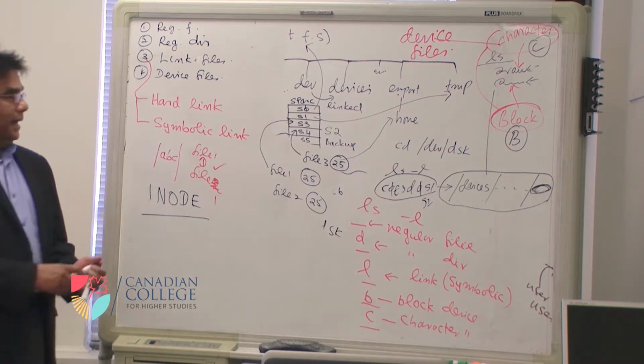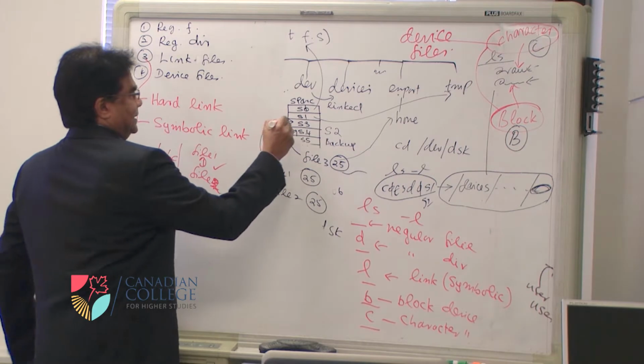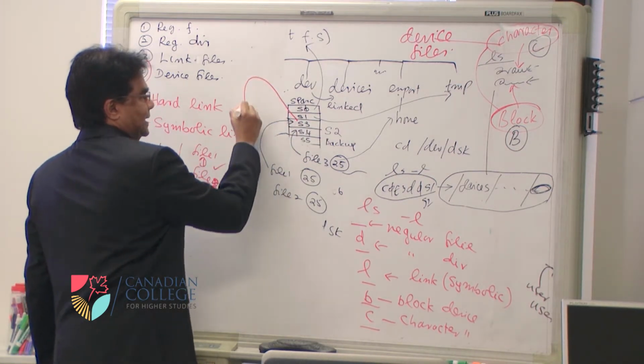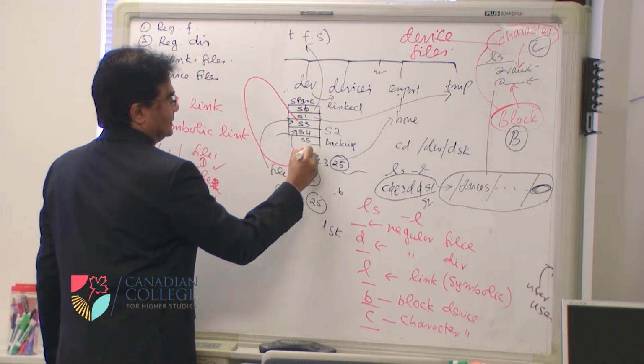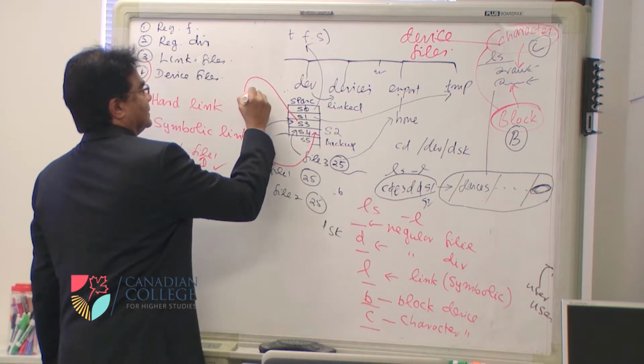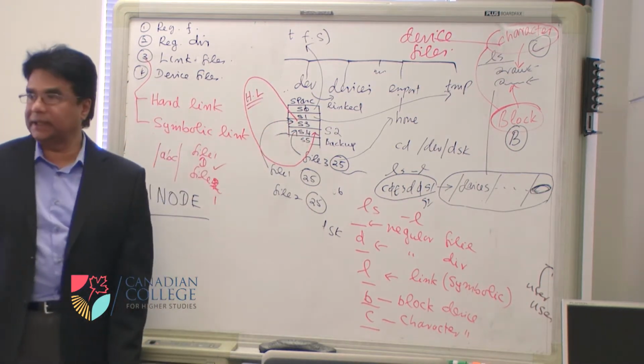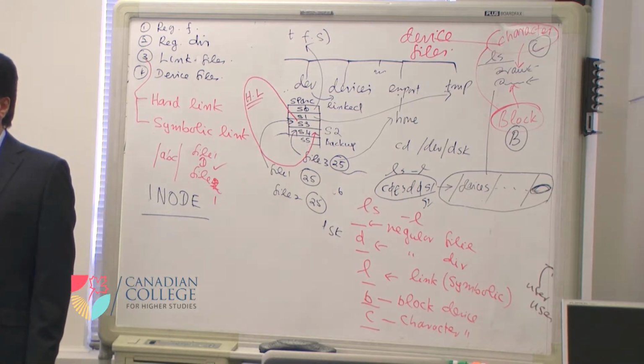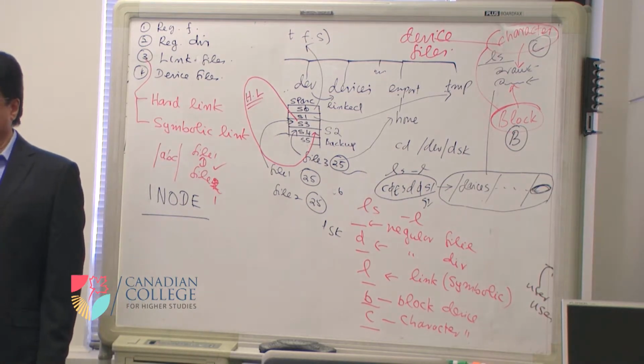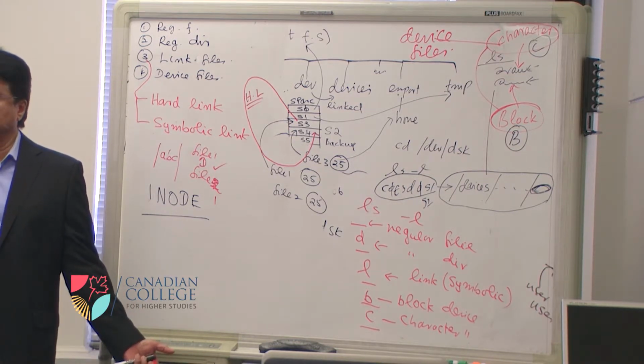Can I create a hard link between a file here and a file here? Is it possible? What is a hard link? You said it is the same file, the same inode.